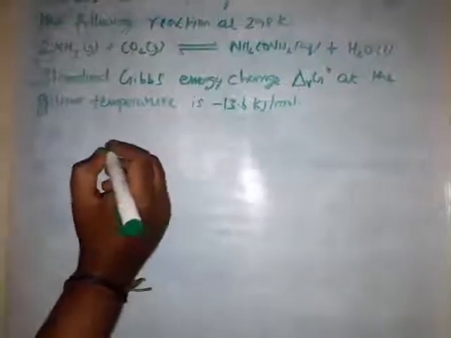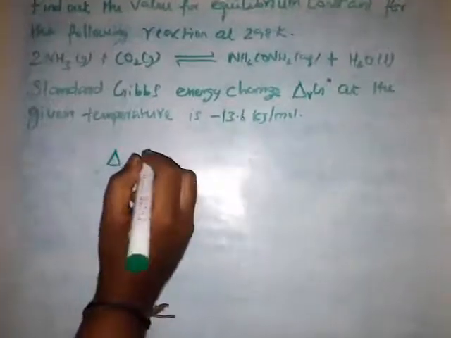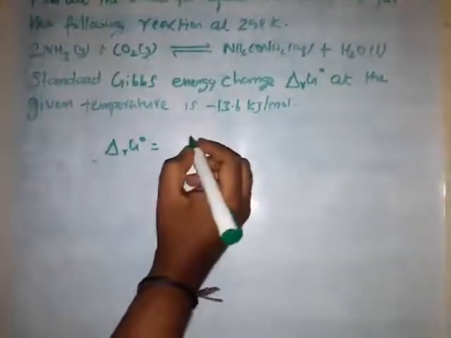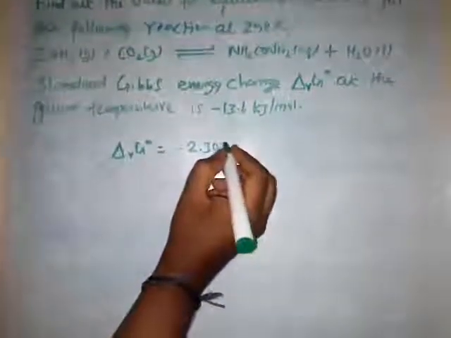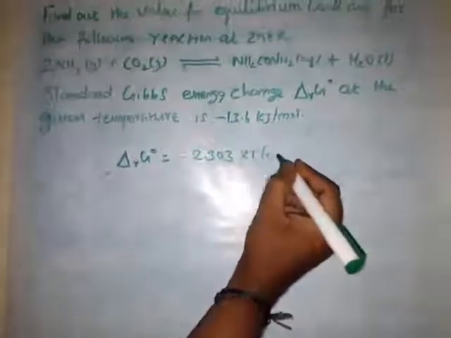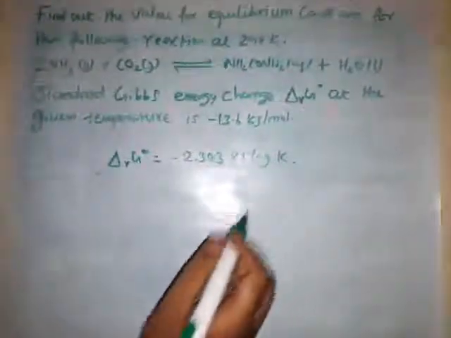Already we know that the standard Gibbs energy for a reaction is minus 2.303 RT log K. So we have to find out the equilibrium constant.